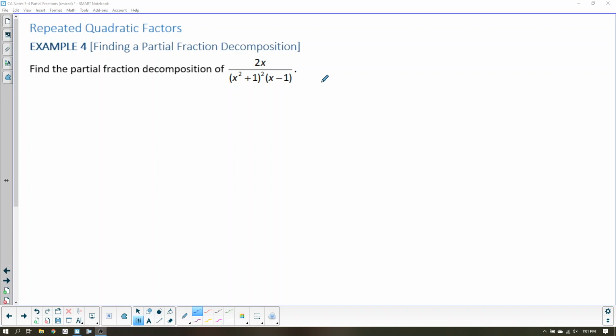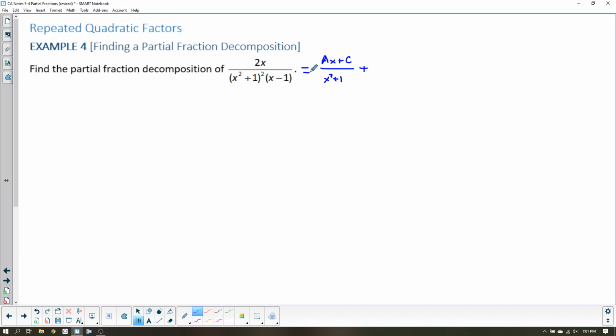Okay, so what should its decomposition look like? It's already proper, so we don't have to do any long division. But this one has repeated quadratic factors, which is why it is not nice. Okay, so your first factor is going to be a linear factor, because that's quadratic on the bottom.